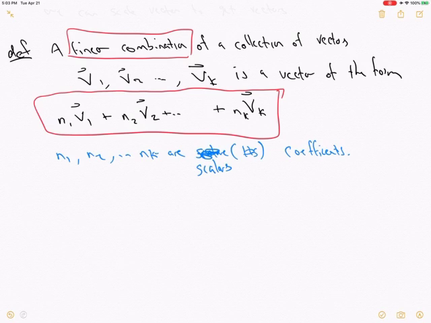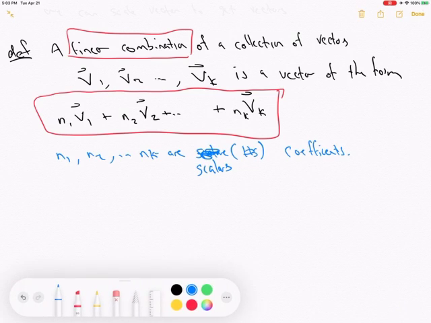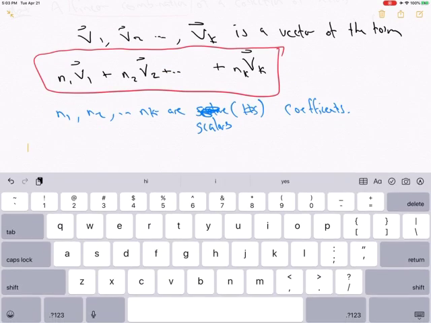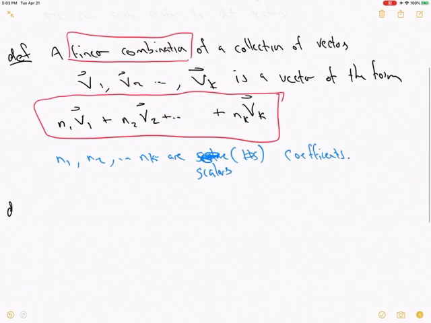And so we consider the set of all possible linear combinations. That is called the span. Here's just a definition.